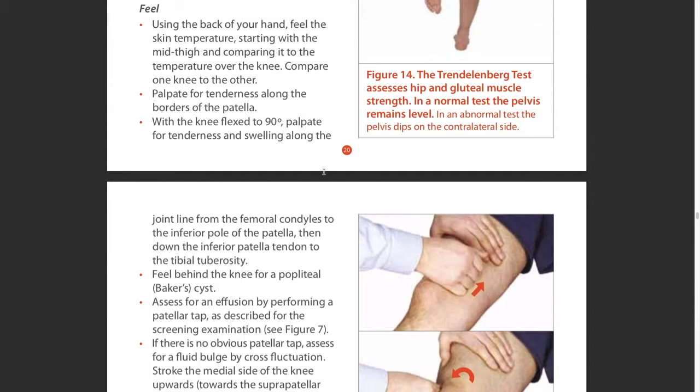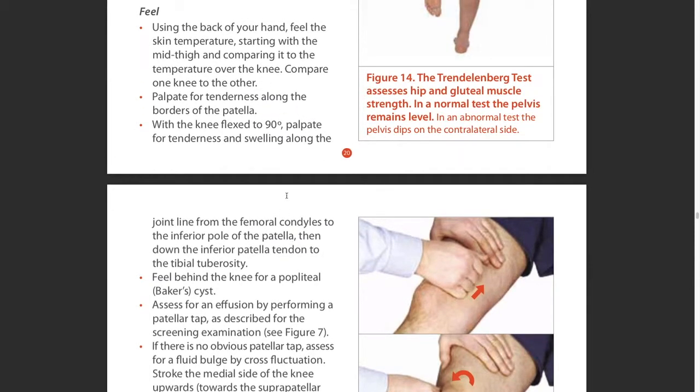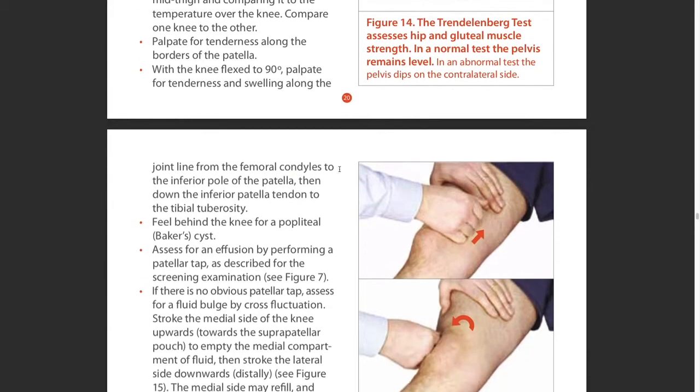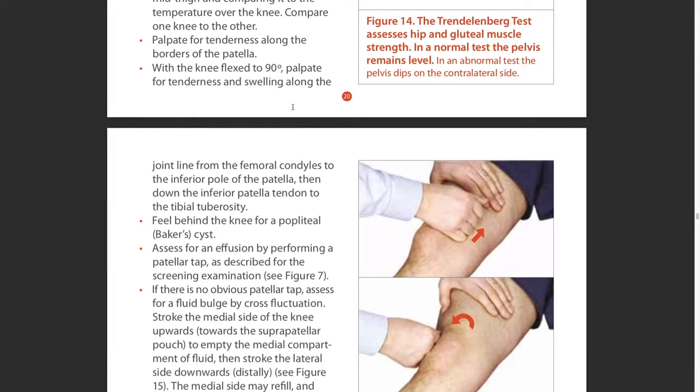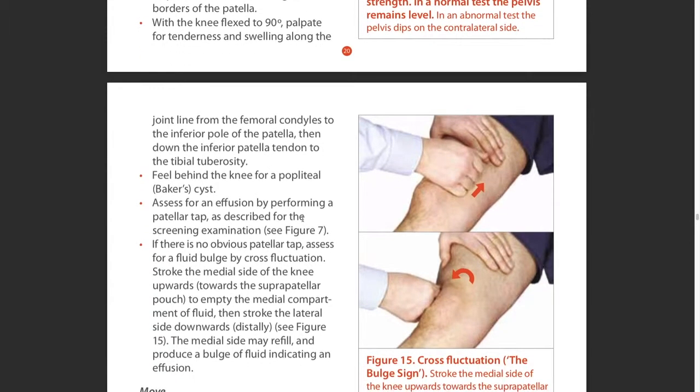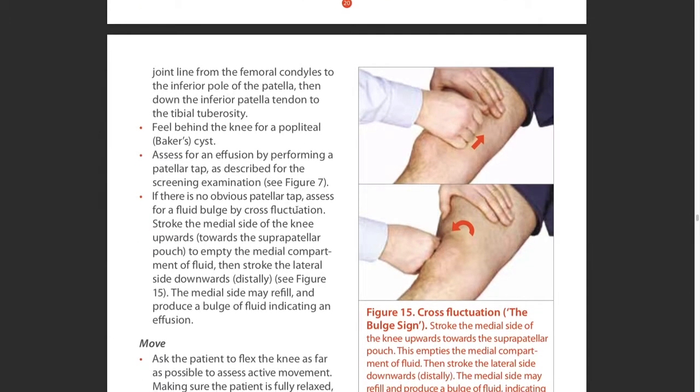So first is temperature, then tenderness when the leg is straight, then tenderness when the knee is flexed 90 degrees, and then feel for a Baker's cyst. And straighten the leg again, assess for an effusion.